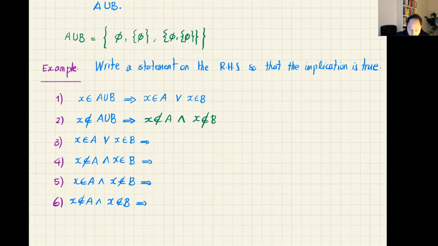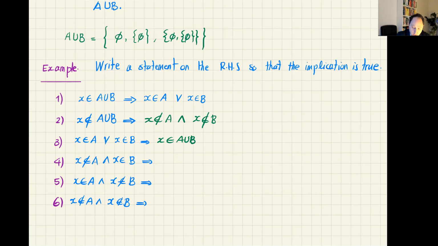Okay. So what can I write for the next one? X belongs to the union of A and B. Exactly. And then what can I write for the next one? Can I also conclude that in this case, X belongs to the union, even though I know X does not belong to A?